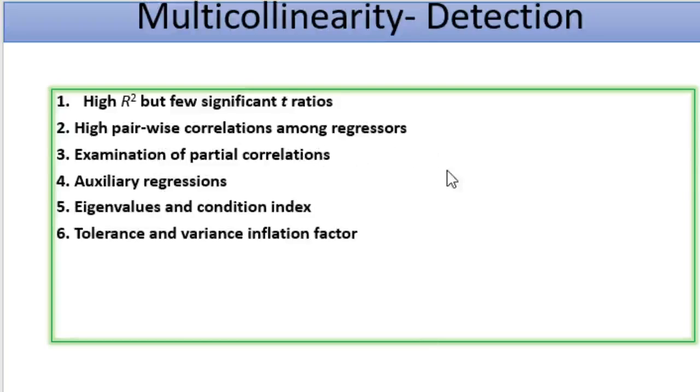Auxiliary regressions can also be calculated, and from that we can detect multicollinearity. Eigenvalues and conditional index can also be used. And finally, the tolerance and variance inflation factor that we have already seen are also used for detecting multicollinearity.